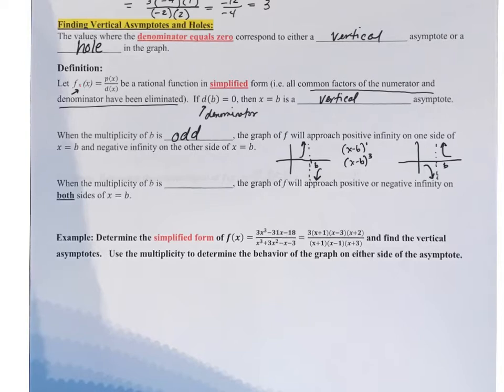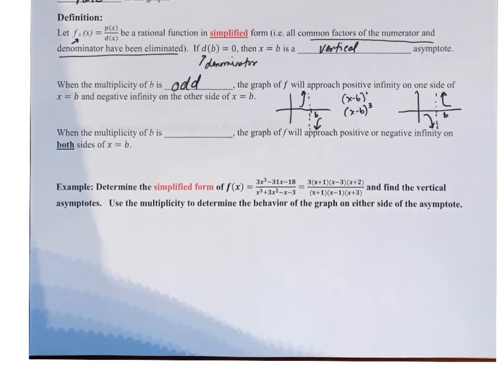That's what's important. Now, the other scenario is that the multiplicity of b, if it's not odd, then it must be even. If that's the case, then the graph of f will approach positive or negative infinity on both sides of the asymptote. Similarly, when we did x-intercepts, if it was even, it would touch the x-axis and turn back; the ends would go in the same direction. We have the same thing here.